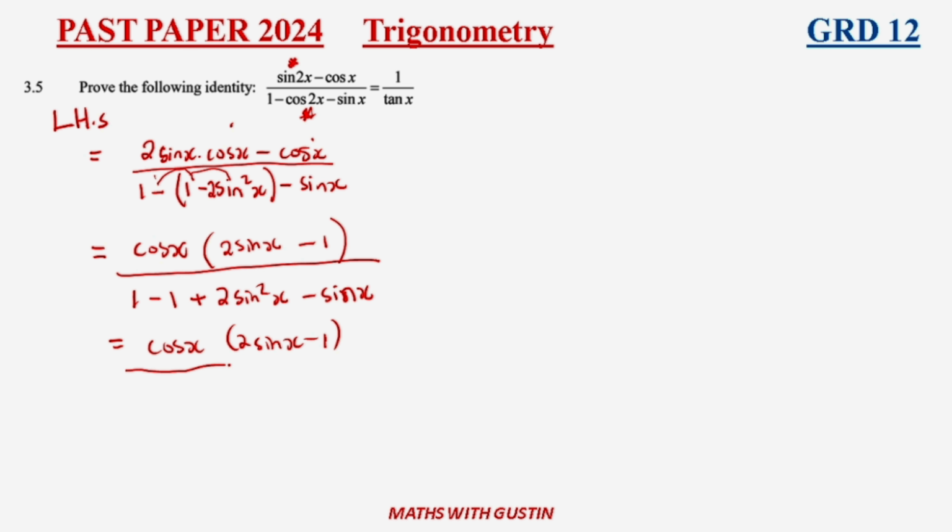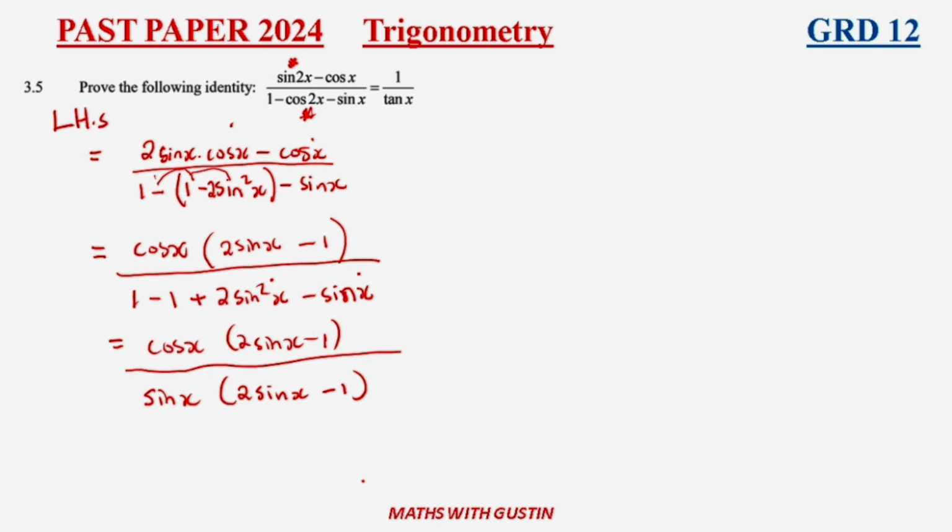We've already done the numerator. Here we've got a sine squared and a sine, so we can take out a common factor of sine x, which leaves us with 2 sine x minus 1.